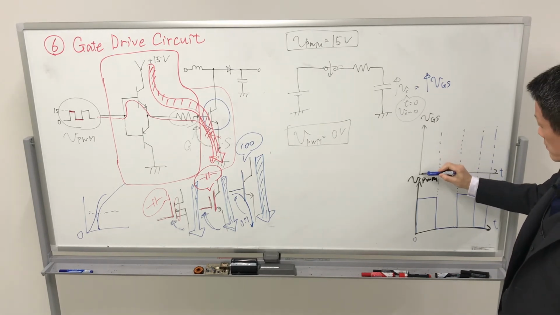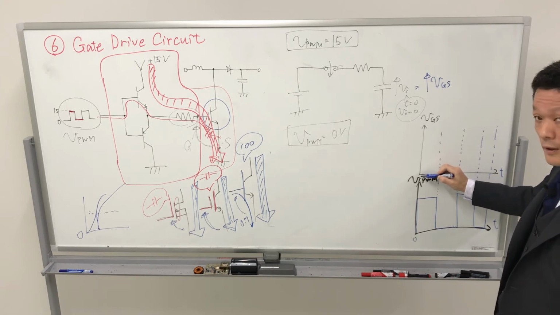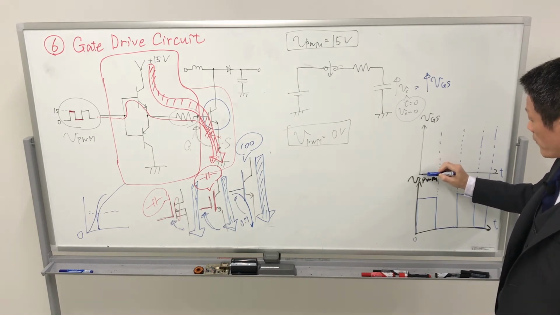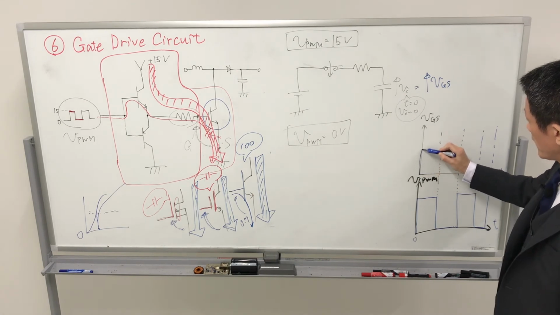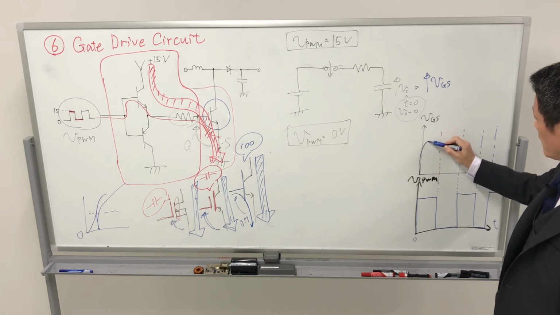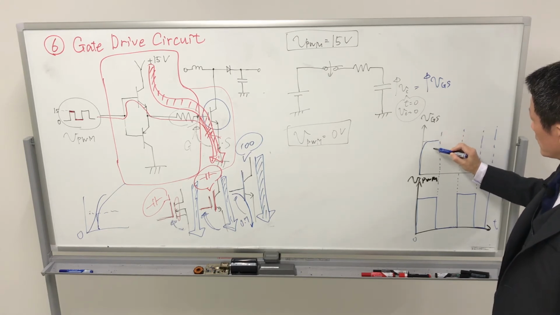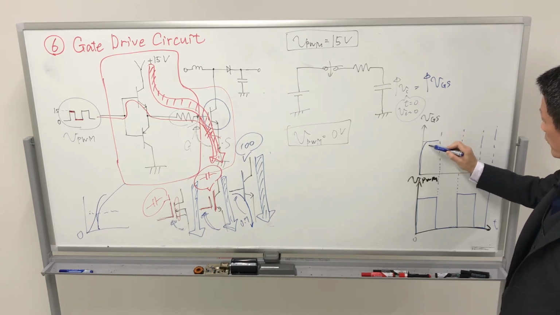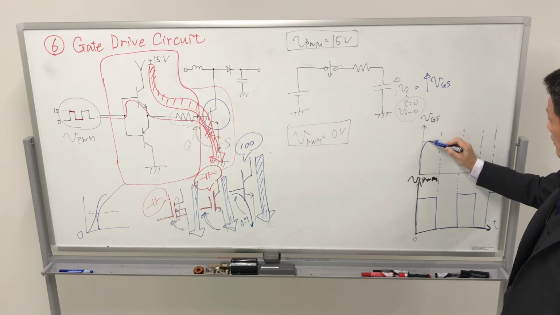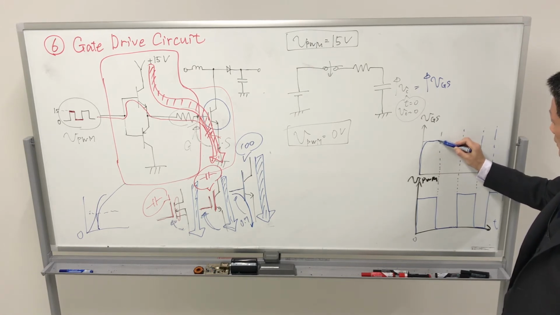Transient phenomenon, we have already studied. So the transient turn on, over the time constant, the constant area. Okay.